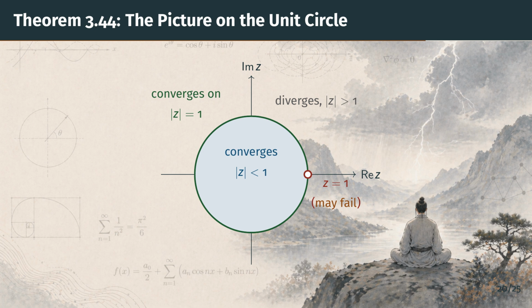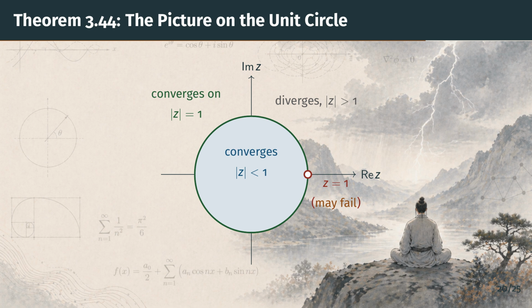The new content is the thick green boundary circle, where the absolute value of z equals 1. The theorem says the series converges all the way around that circle, with one exception, the point z equals 1, drawn as the open red dot on the right. There, the series may fail, and the proof will show exactly why this single point is special.